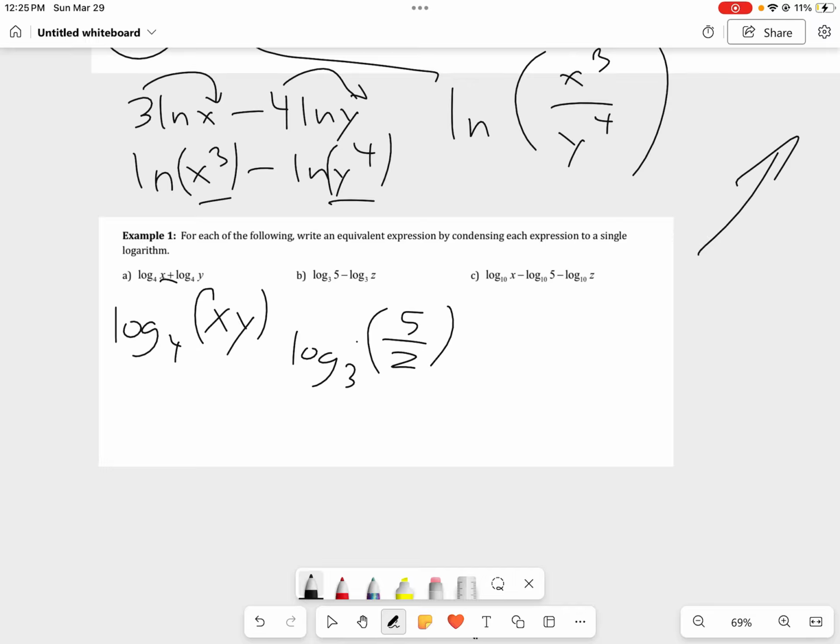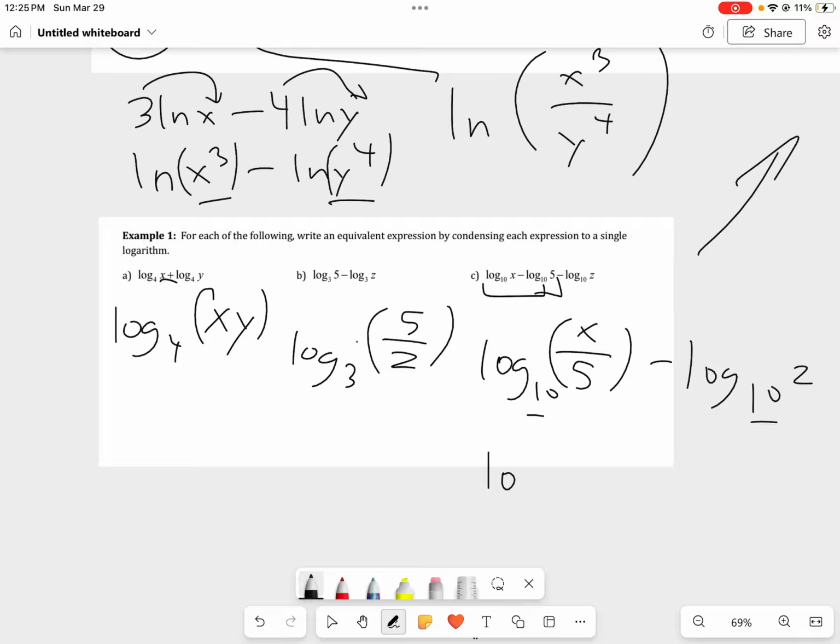This one right here, we're going to do step by step. So first of all, we're going to do this part that includes the 5. So it's just going to be log, we're not going to write 10 because we don't need to, log of x over 5. And then we're going to subtract log base 10 of z from that. So that's a new thing. Like I said, same base, because this has a 10, same base.